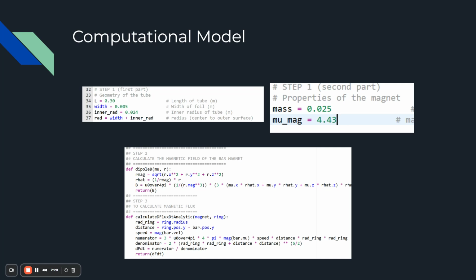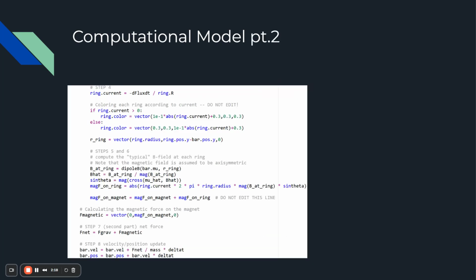The core of the code involved defining the forces of upward magnetic force and downward gravitational force. The net force was then used to update the magnet's velocity and position over time. Here's a deeper look into the computational model I made on GlowScript as well.